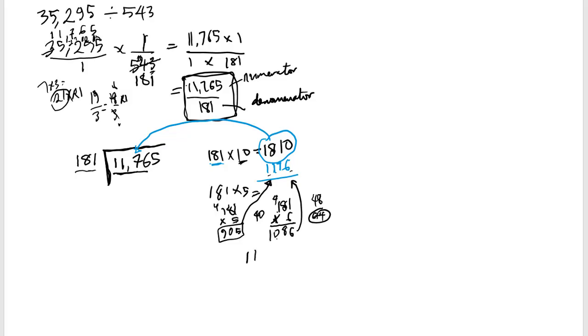If you do 1176 minus 1086, you should get a number less than 181.